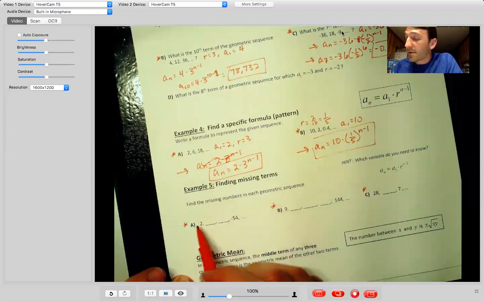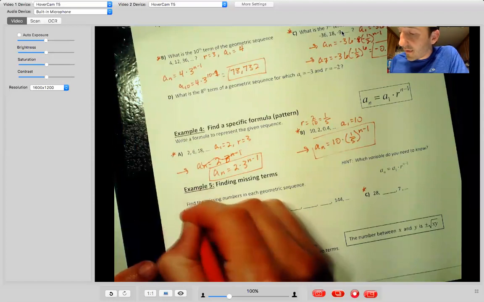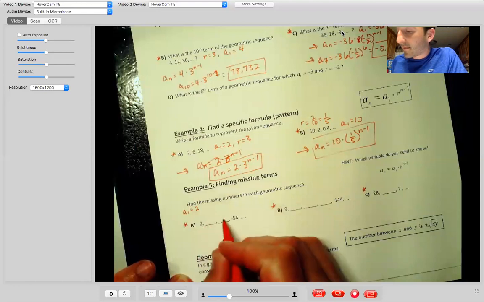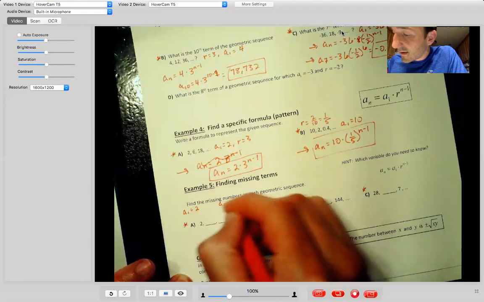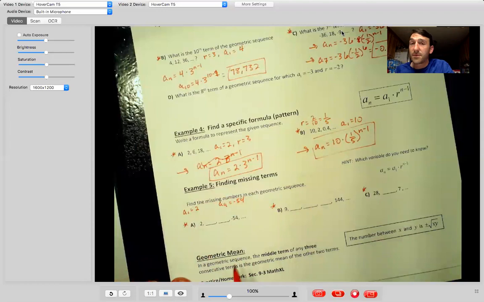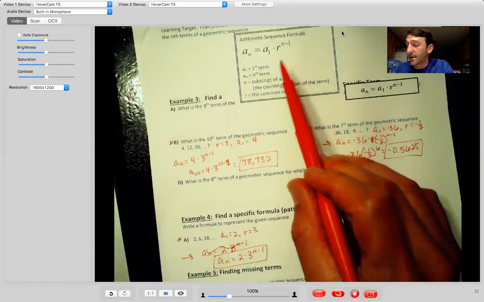So let's do it. Here we know A sub 1 is 2, and we know A sub 2, A sub 3, A sub 4 is negative 54. And now we're basically going to use our formula up here to figure out what R is.